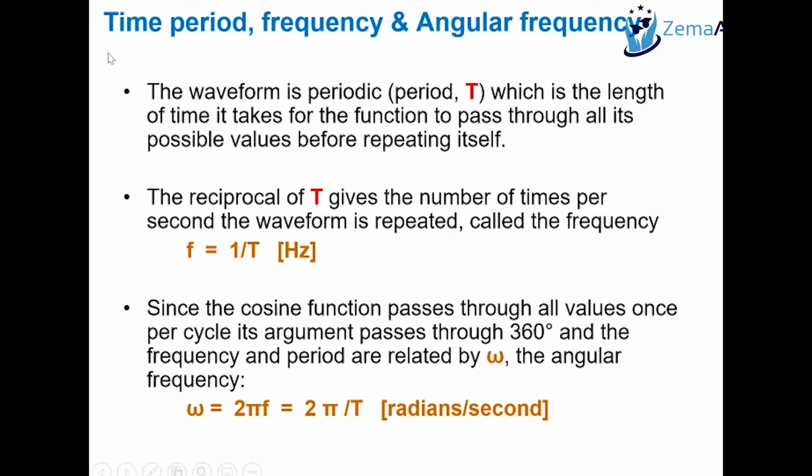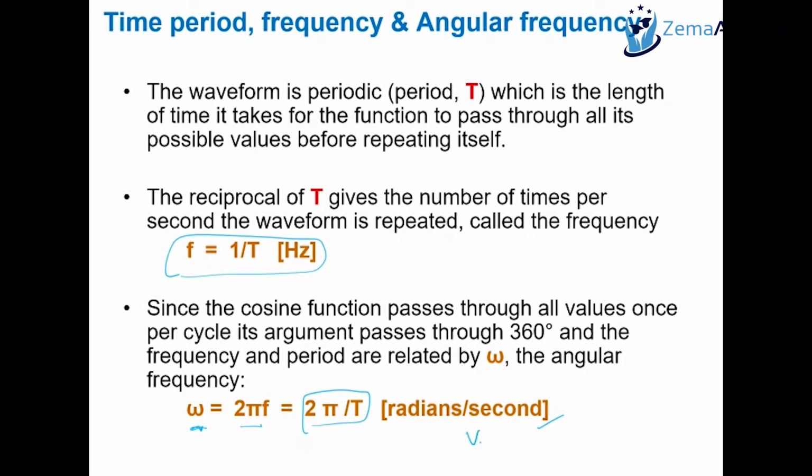Okay, so the other things that we already touched are the time period, frequency and angular frequency. The first two we touched already, frequency and time period. Angular frequency omega is given as 2 pi f or 2 pi over T and is often expressed in radians per second. Now, why do we need to be aware of this?